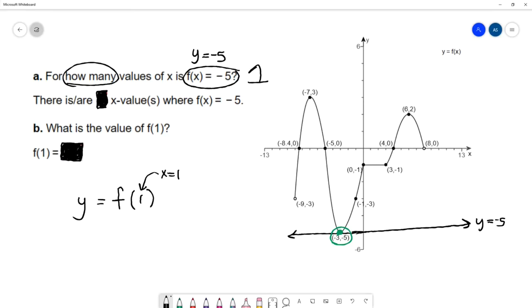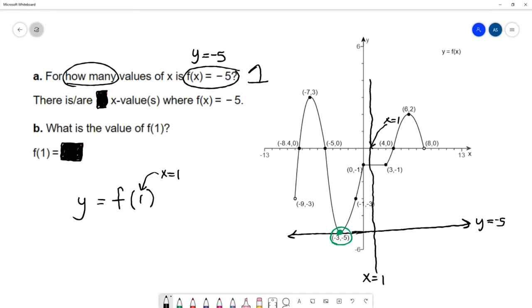On our x scale, right here is where x is equal to 1. And if we draw a vertical line, that vertical line is x equals 1.